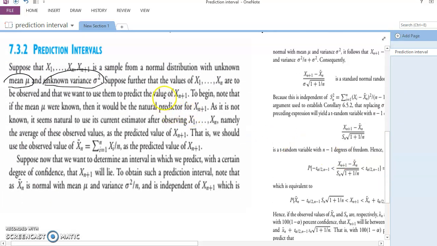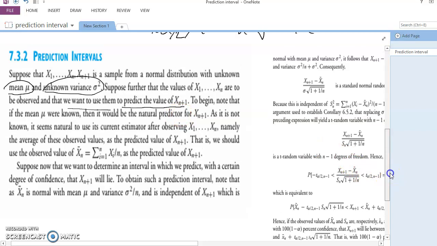X1 to Xn are observed, and we want to use them to predict Xn plus 1.